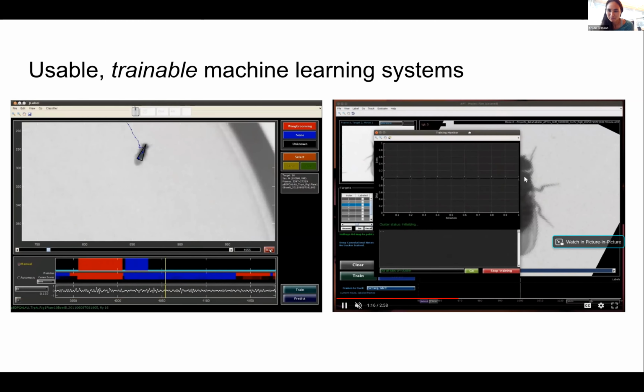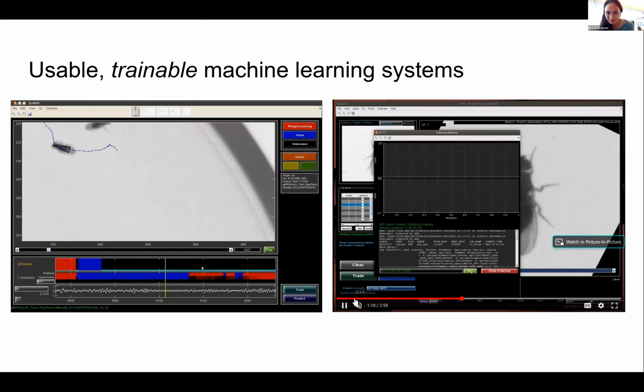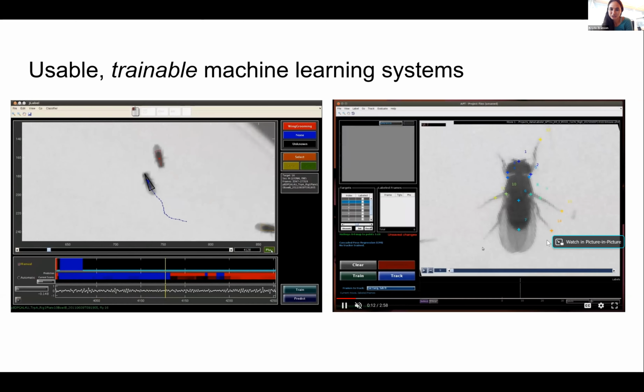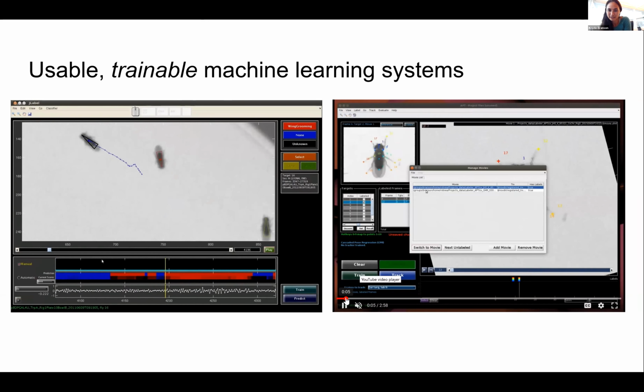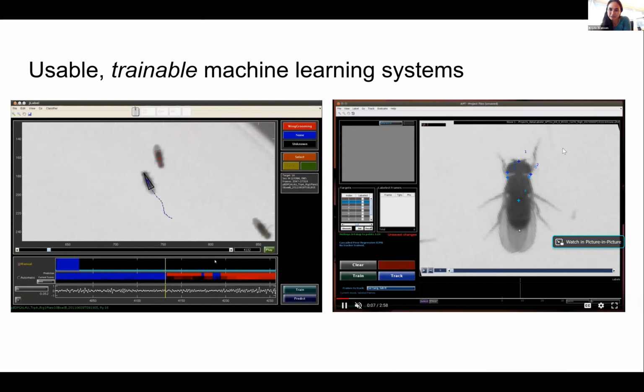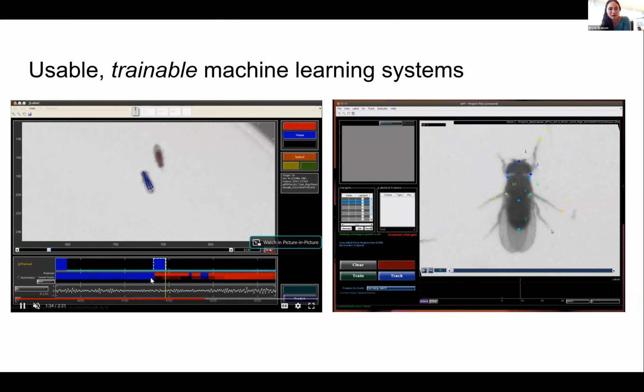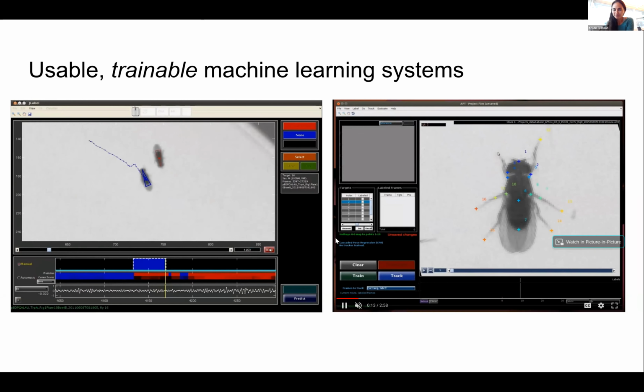So like you can see there's some commonalities between these two interfaces. And partly that's because I kind of designed both of them, but I think there are components that are common between all of these things. So like you can see all of these have ways of viewing a video image and kind of scrolling around and looking at something over time.